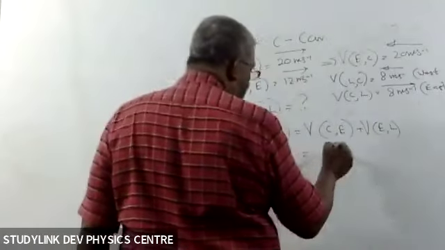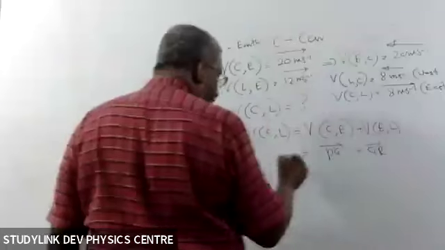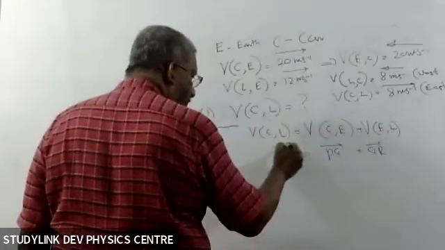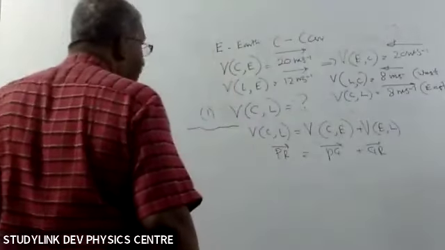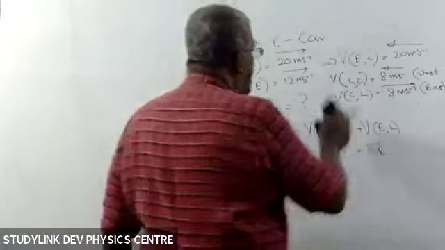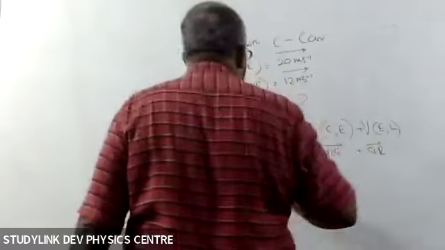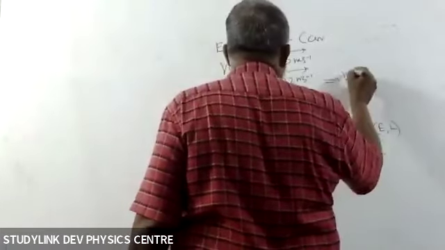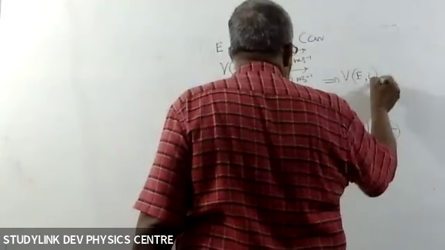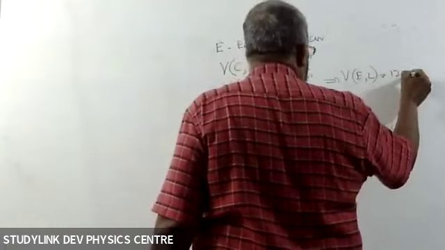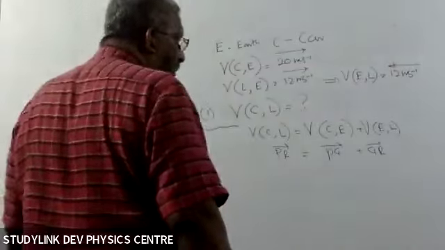If you consider this is PQ and this is QR, then PQ plus QR means PR. Now we require the velocity of the earth relative to the lorry, EL. That is 12 m/s in the opposite direction. That is west.